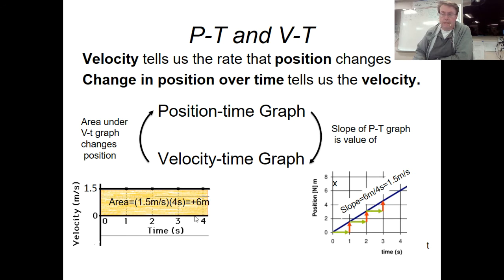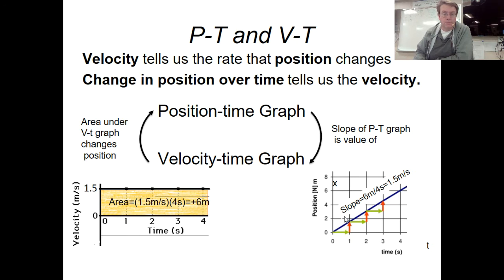If you have a velocity time graph, you can either use slopes or areas. This one is showing you areas. So the area of a velocity time graph tells you the change in position, and that will give you a possible position time graph. If you're given a position time graph, you'll take slopes. The slopes of a position time graph tells you the value of your velocity.